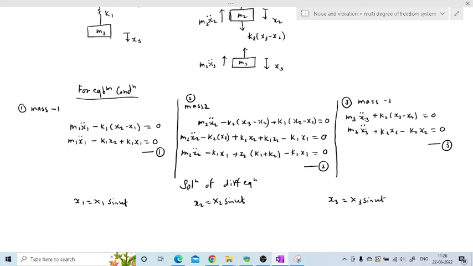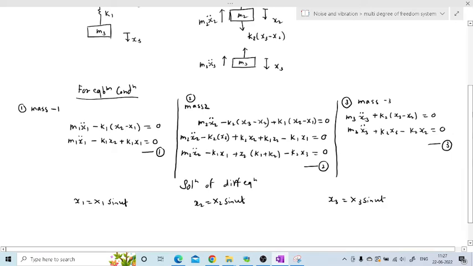Now the given system we can convert into matrix form, or if you want you can put all these values of x1, x2 and x3 in the above equations.